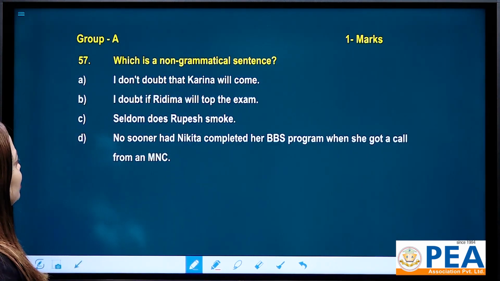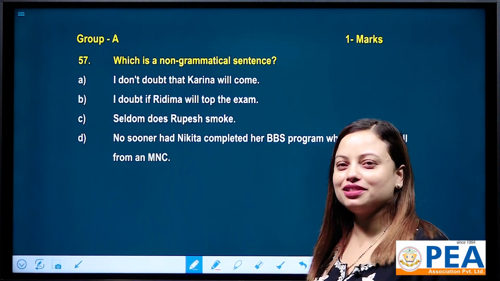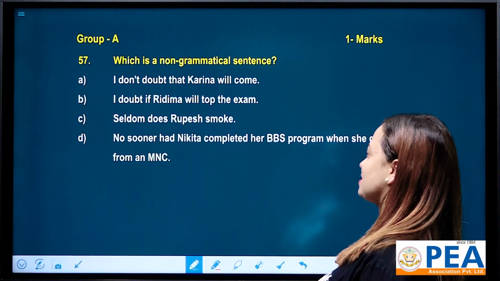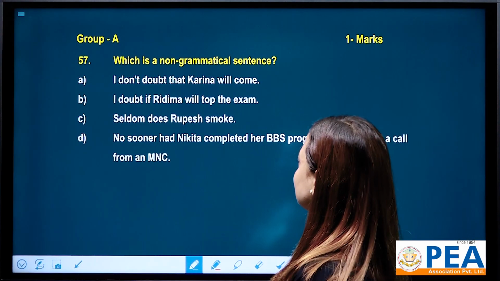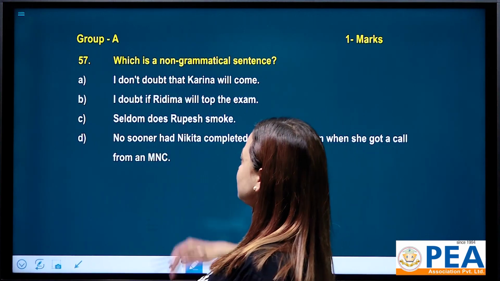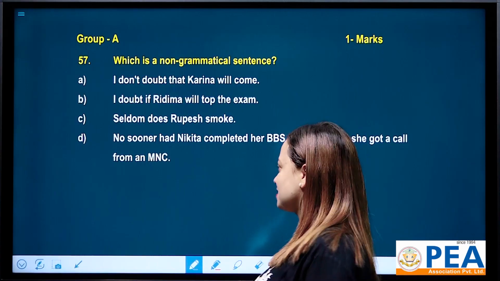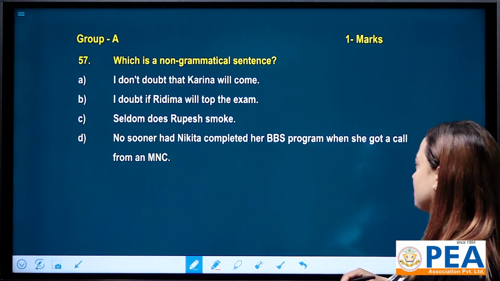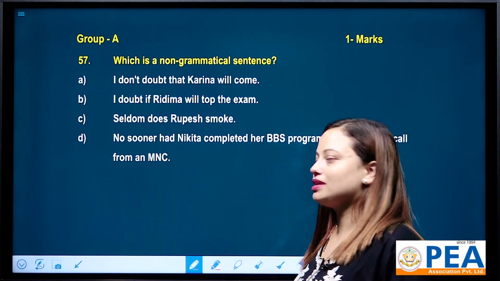Which is a non-grammatical sentence? In terms of question number 57, there is a question like which is a non-grammatical sentence. We have 4 options. First one is, I don't doubt that Karina will come. I doubt if Ridhima will top the exam. Seldom does Rupesh smoke. No sooner had Nikita completed her BBS program when she got a call from an MNC, right?